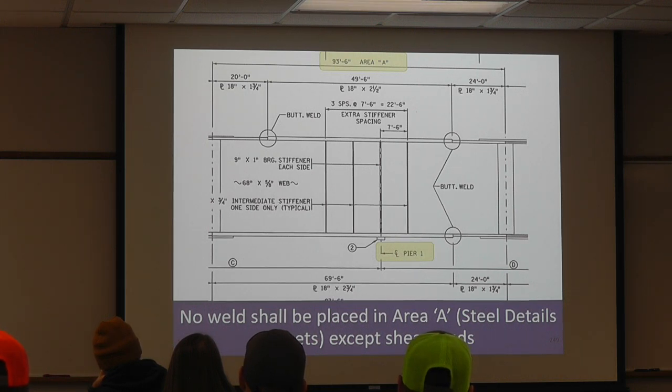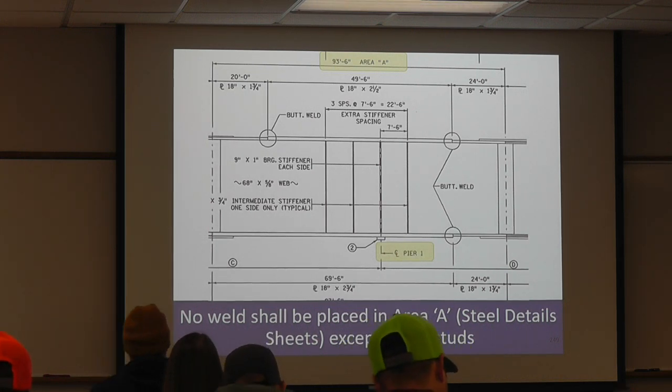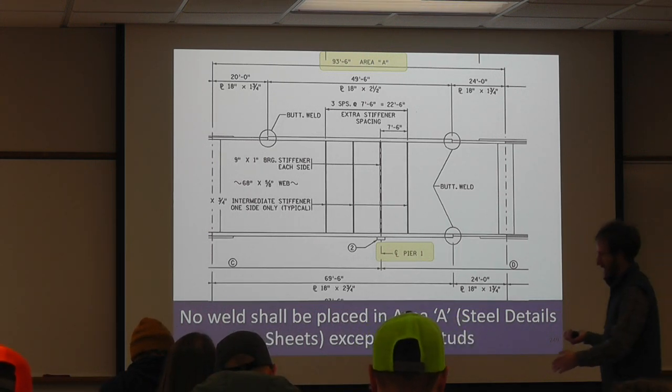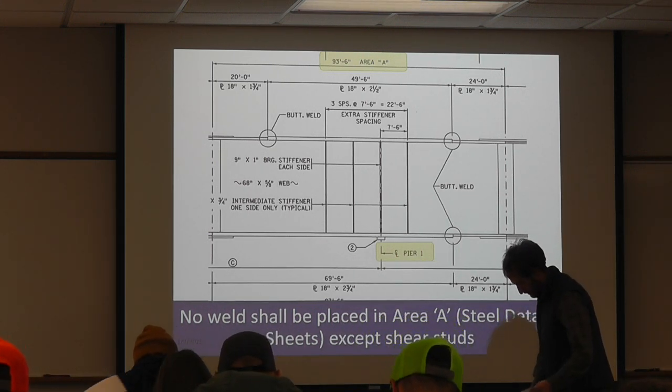So folks, open up your plan set, find an elevation view. I think the first one starts on page 8. And identify. Can somebody tell me what area A is, what the length of this is in your plan set?